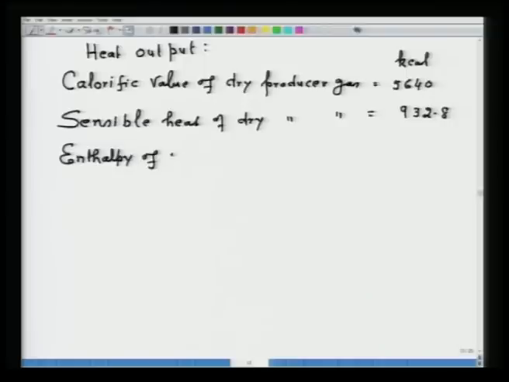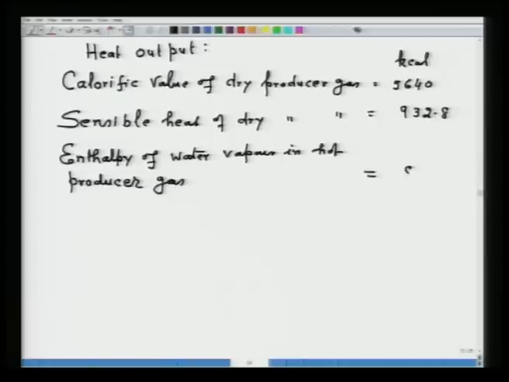When we say water vapor, we are talking about hot producer gas, and that we have calculated as 81.6 kilocalorie.